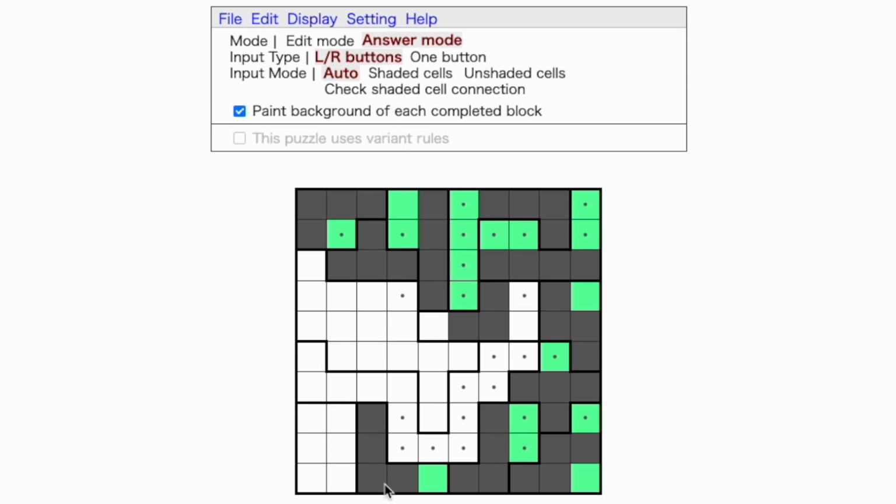We couldn't have this because it would be an L. It would have to be like that. And in this corner, there's only one way to avoid a 2x2. We have to have these two involved, and this is the only shape that's going to give us not a 2x2 there.